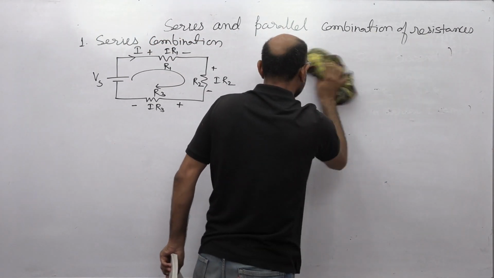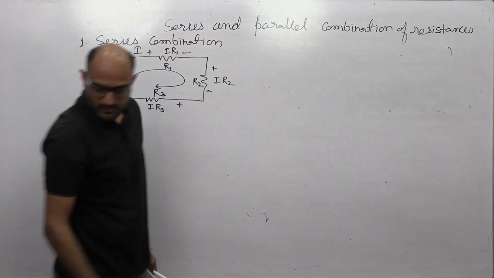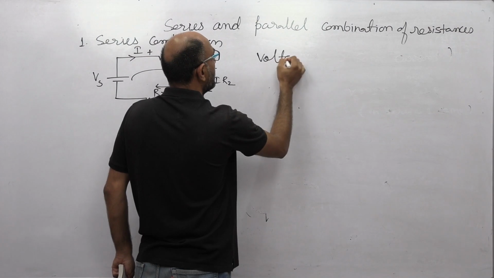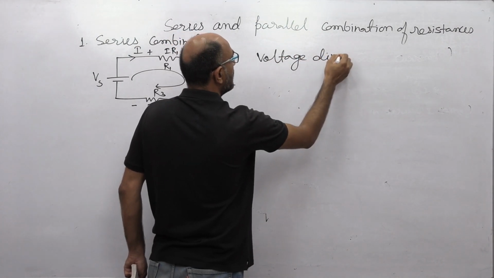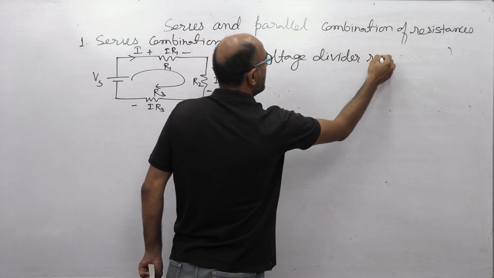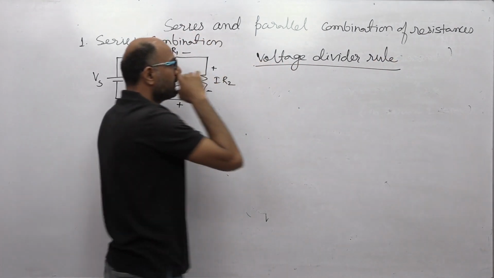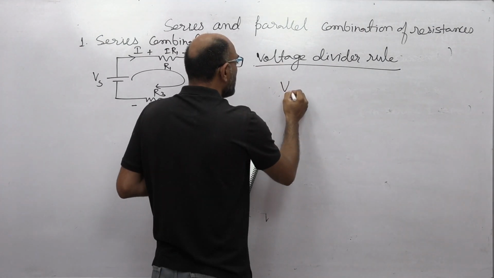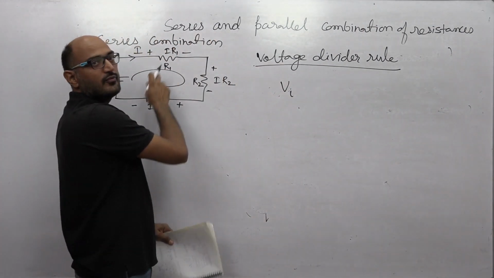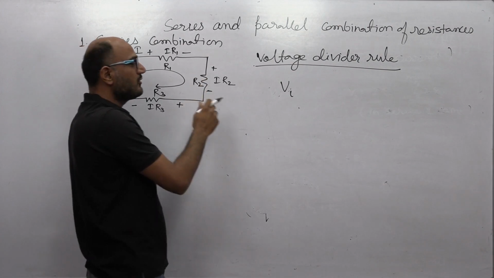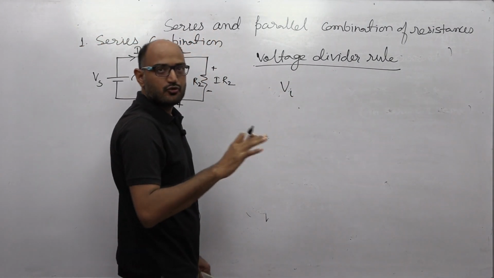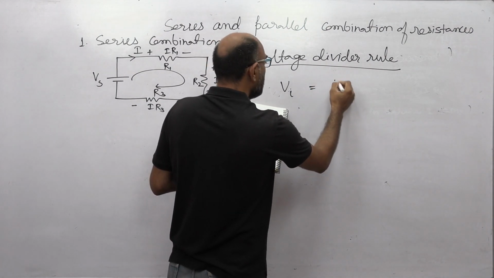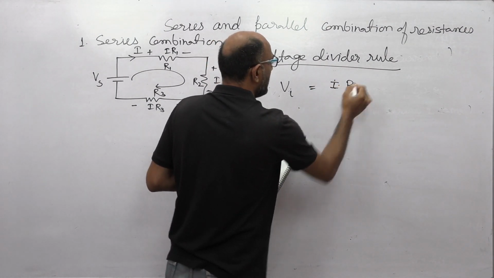The important characteristic of the series circuit is the voltage divider rule, very important in doing calculations in circuits. So what is the voltage divider rule? The voltage drop on any one of the given resistances, Vi, where i can vary from 1, 2, 3, is I into Ri.